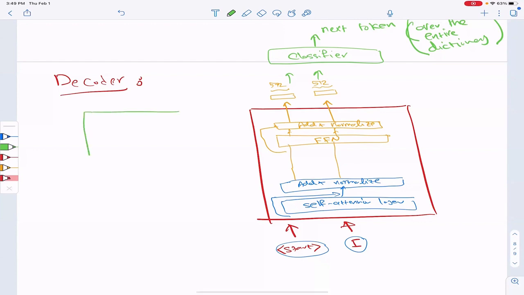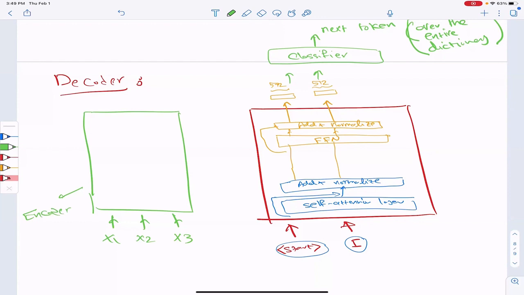So we have the encoder here. X1, X2, X3. This is my encoder. Remember that the job of the encoder is to somehow massage these vectors representing each token so that it is useful for the downstream tasks, for example here for the decoder.